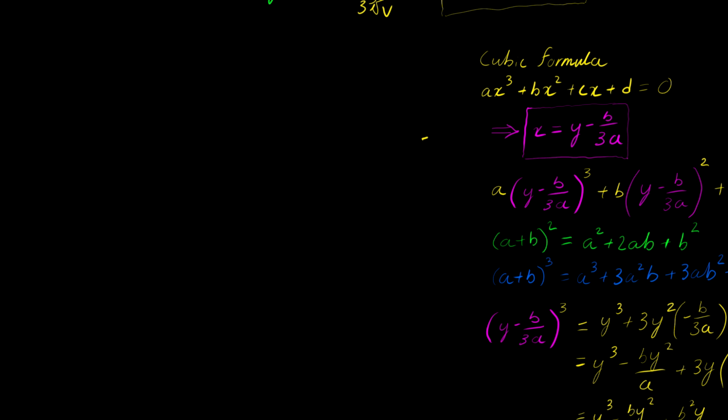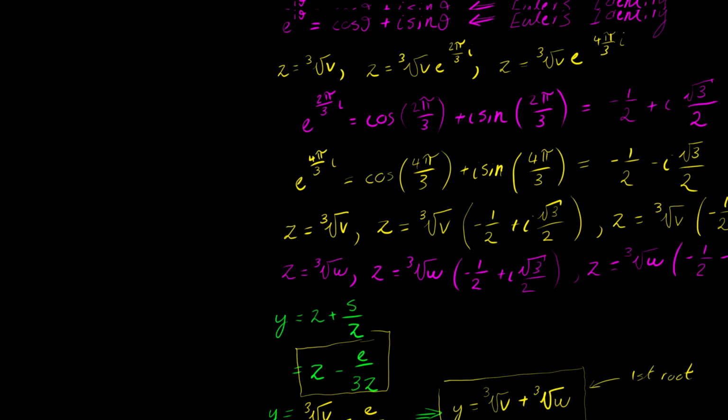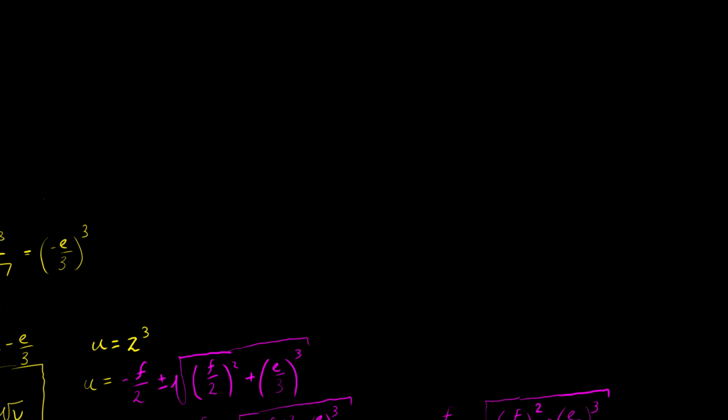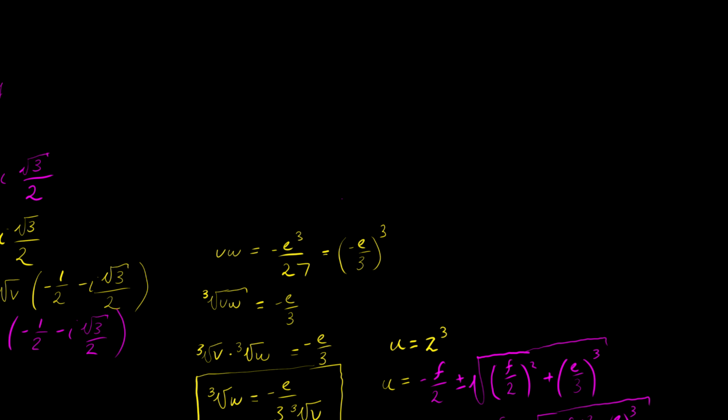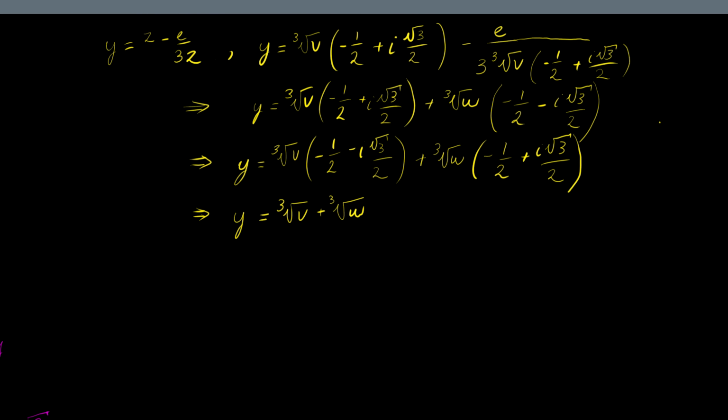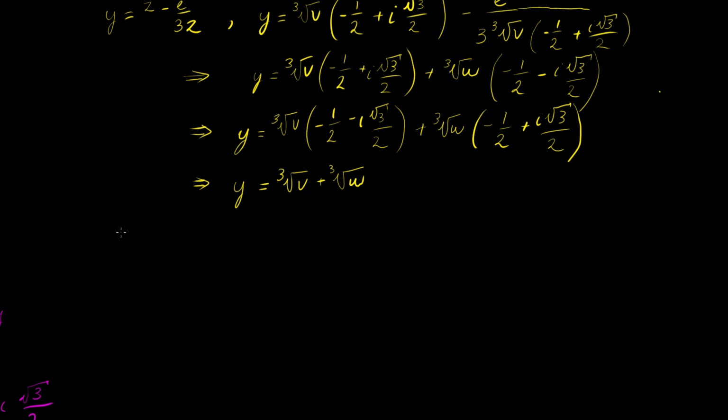So we were trying to find our roots x, but we've got it in terms of y. So x is going to be y minus b over 3a. So our three x values to any cubic equation.